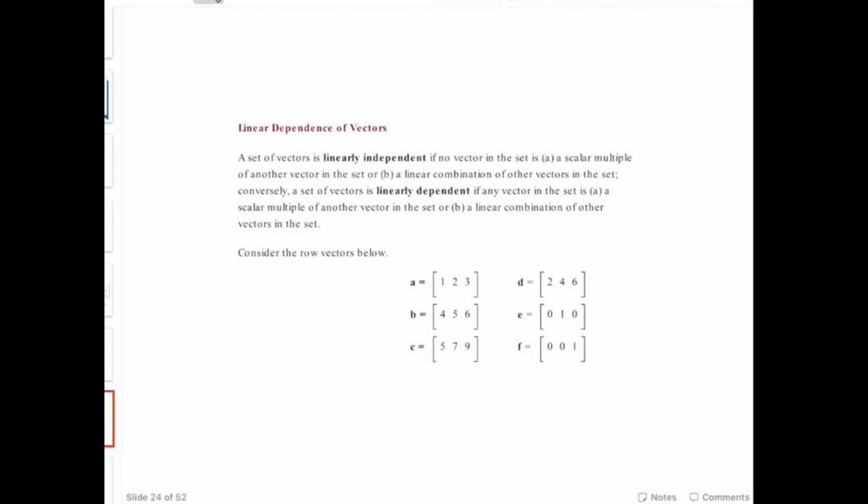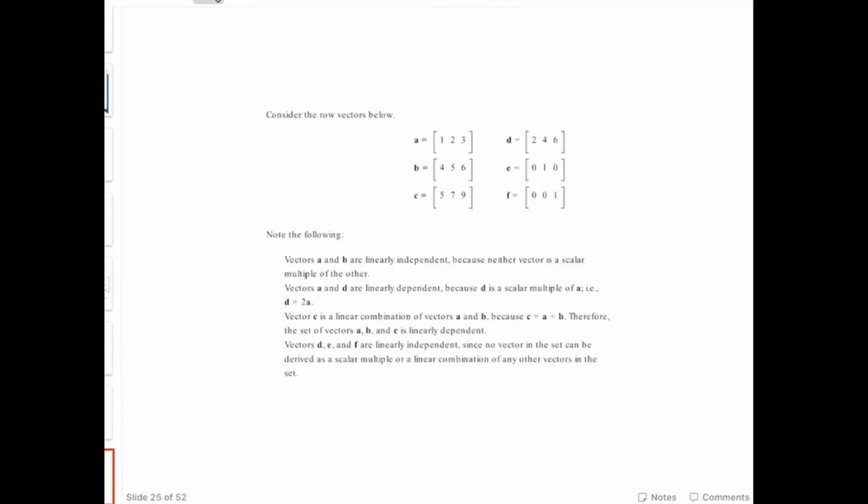If we consider the vectors below, A, B, C up to F, note that vectors A and B are linearly independent because there is no way you can write one as a scalar multiplied by the other. 3 up to 6 will be 2 times, but 2 up to 5 will be 2.5 times.